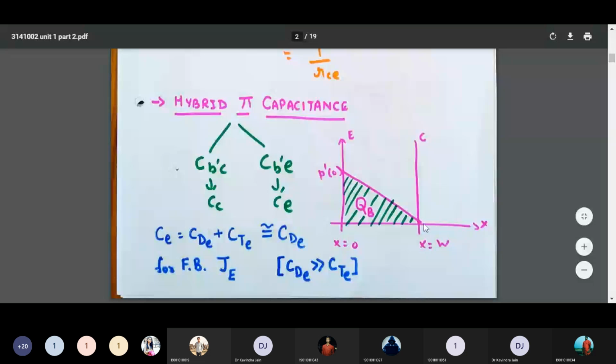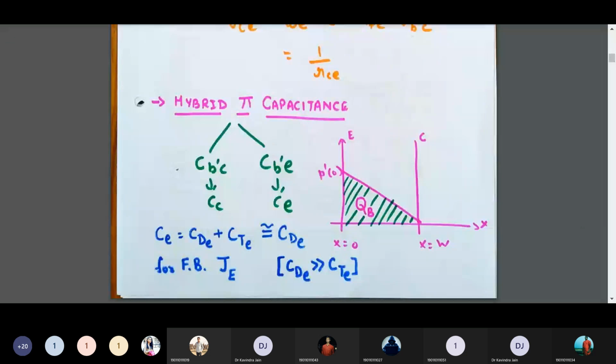Why? Because JC is reverse biased, whereas JE is forward biased. So all the charges are concentrated at the extreme level over here. I hope this point is very, very clear to all of you. Yes, sir.